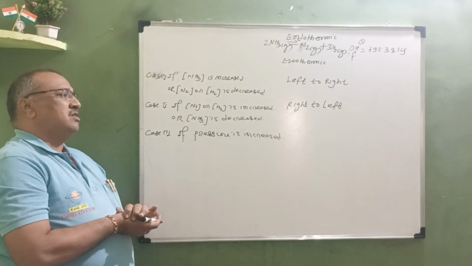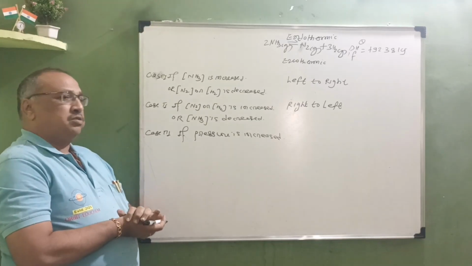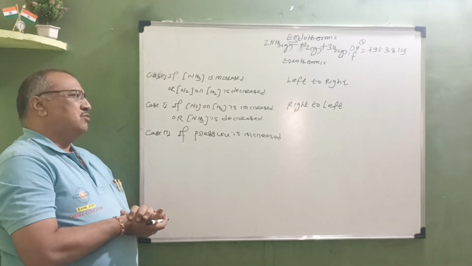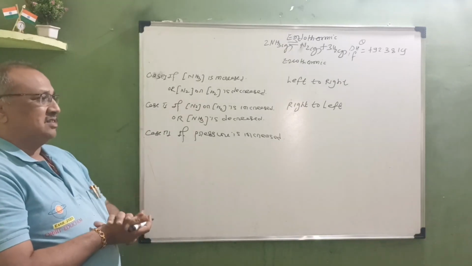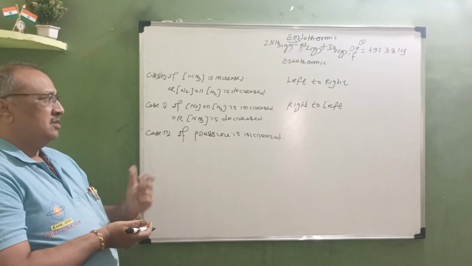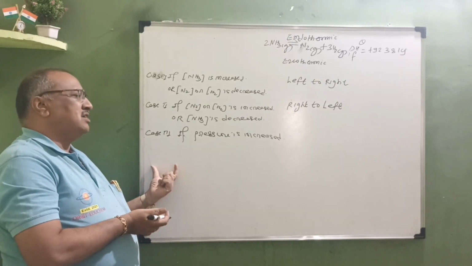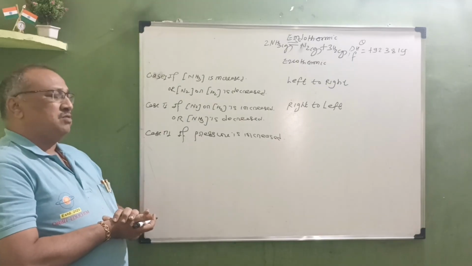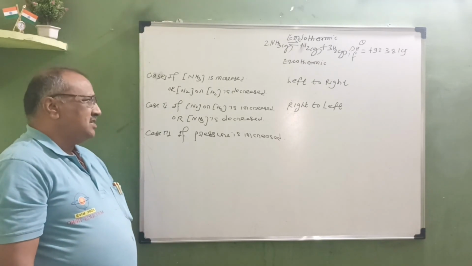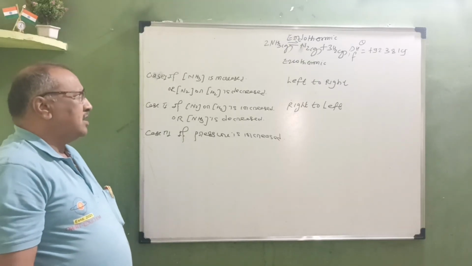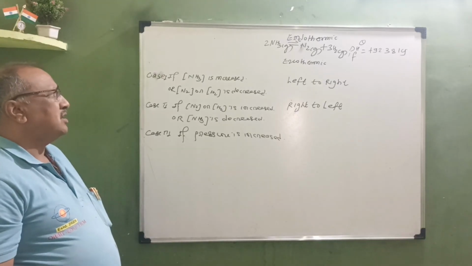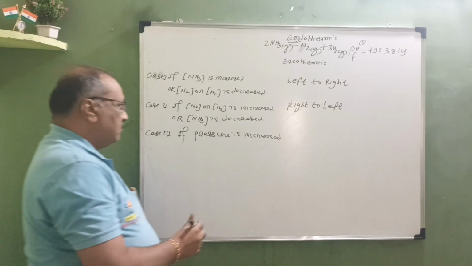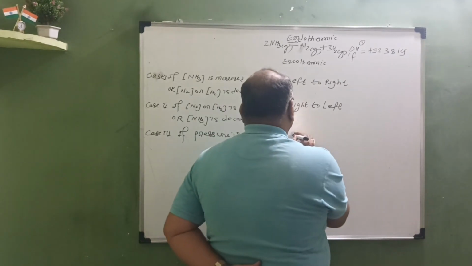Volume decreases means number of moles of gaseous system per unit volume increases. That means here the equilibrium of the reaction will shift in the direction in which number of moles of gaseous system per unit volume decreases. That means here equilibrium of the reaction will shift from right to left.